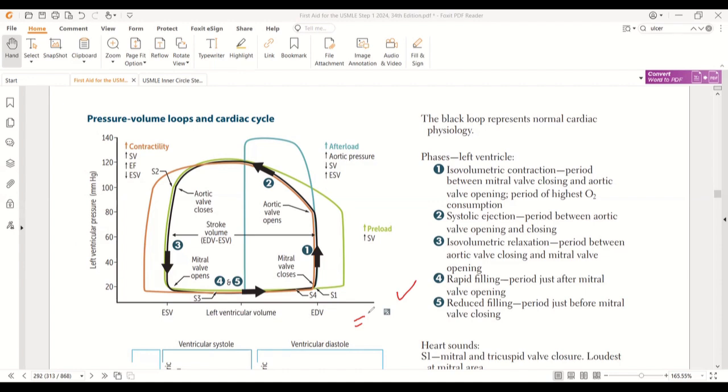If the preload is increased, the end diastolic volume is increased, and it means stroke volume is increased, right? So what is the formula of the stroke volume? Stroke volume is end diastolic volume minus end systolic volume. That's all.